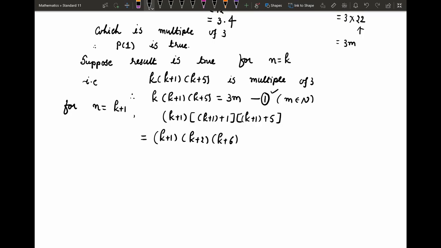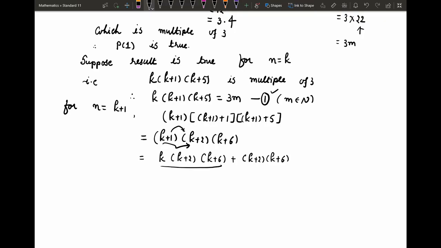So here we will rewrite k into k plus 2 into k plus 6, plus 1 into k plus 2 into k plus 6. So first multiplication with k, so k into k plus 2 into k plus 6.